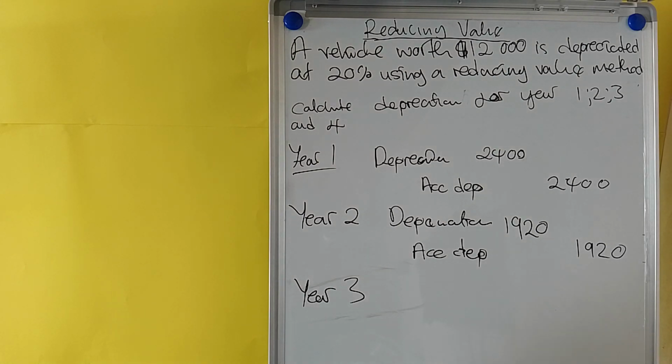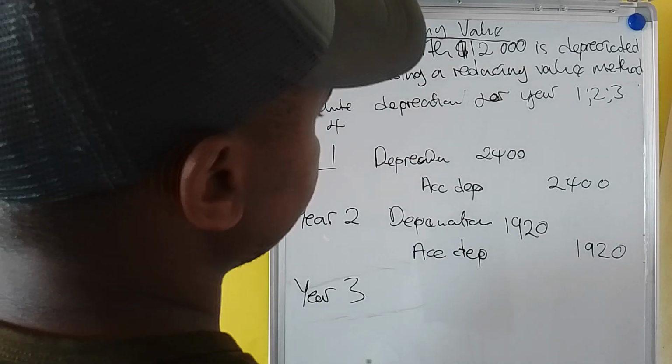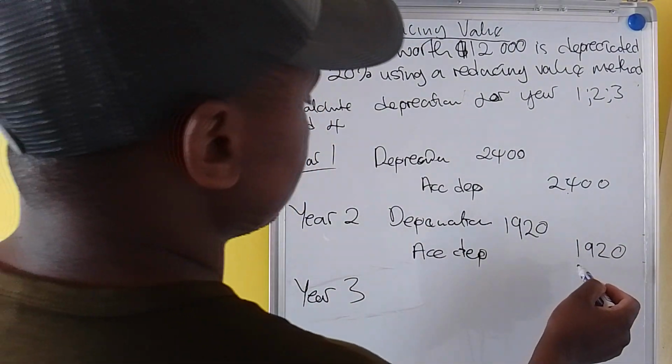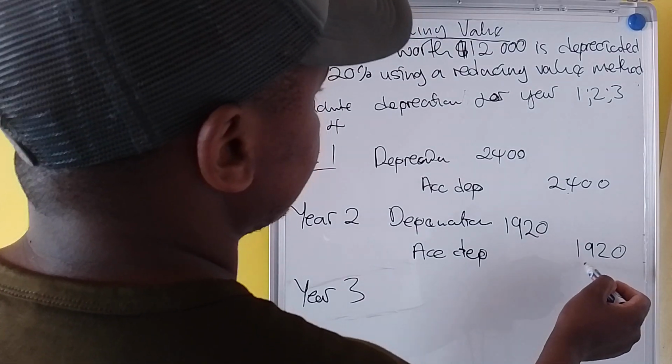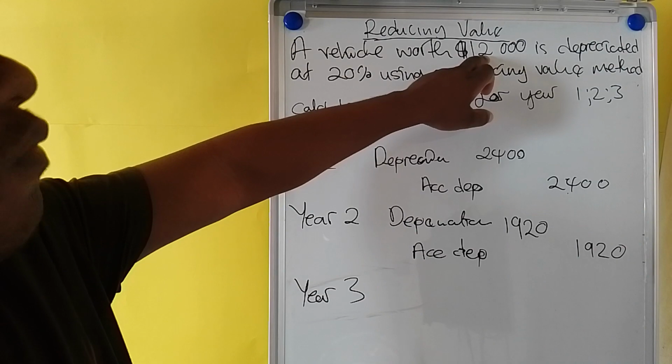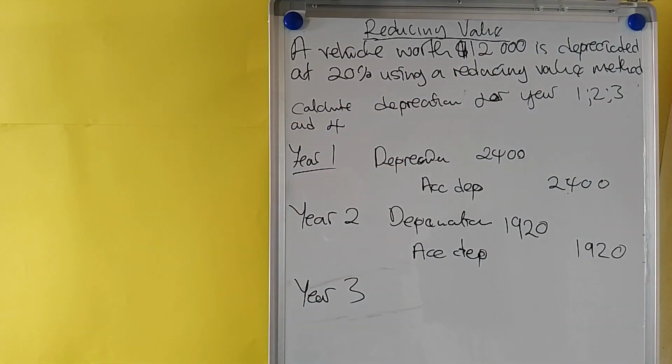In year 3, we take the total accumulated depreciation, which is 2,400 plus 1,920, and deduct it from the initial 12,000 to get the residual value. The total accumulated depreciation becomes 4,320.